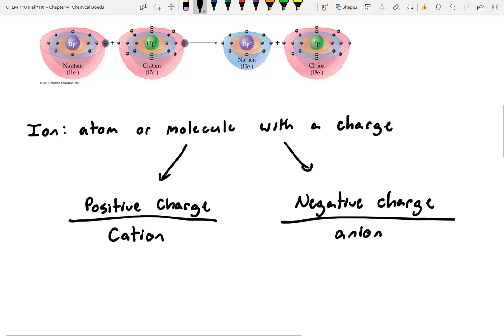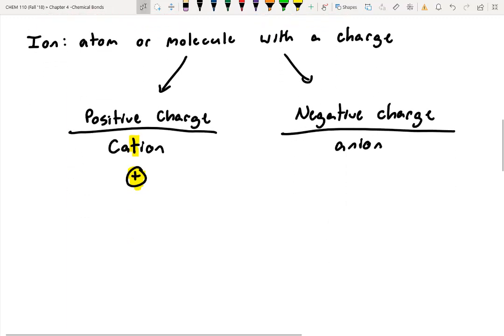So what I always tell people to remember is a cation with a positive charge, right? The T in cation kind of looks like a positive charge, so easy to remember that way. Conversely, some people remember anion has an AN, so N meaning negative, but then that's confusing because there's also an N here. I normally just use the T as a positive as a big clue there. All right, so those are important terms that we're going to use. An ionic bond, like I said, is always the attraction between a cation and an anion.